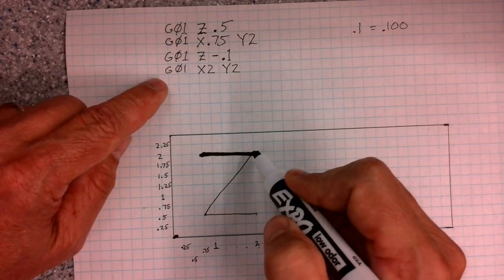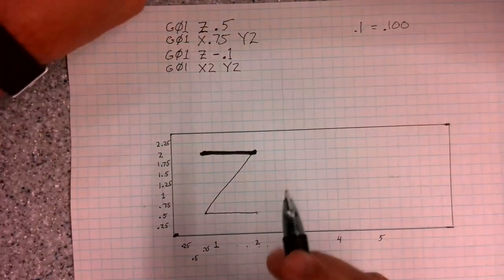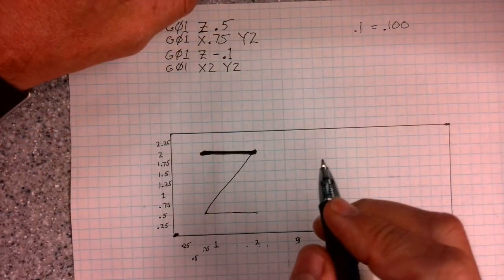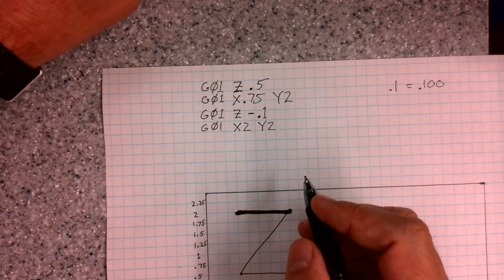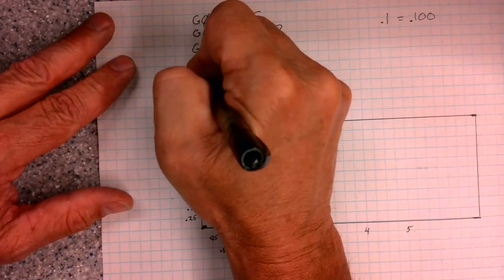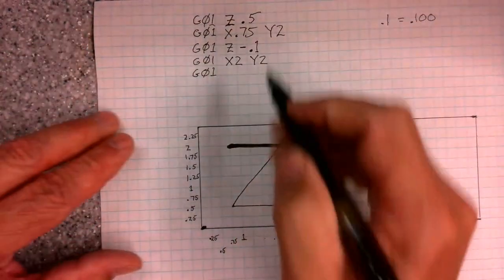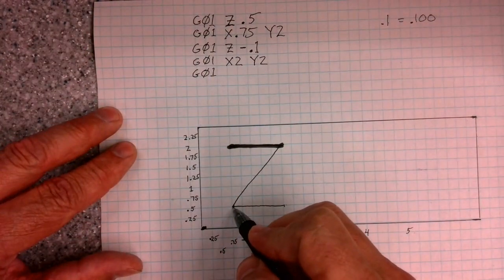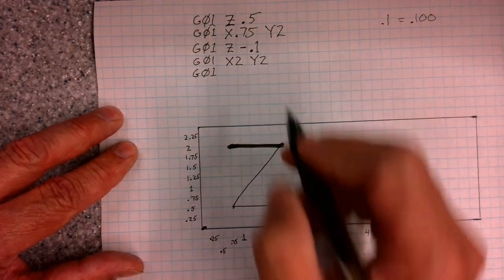We need to give it the next command, which is to come down to this location. G01, X0.75, Y0.5.